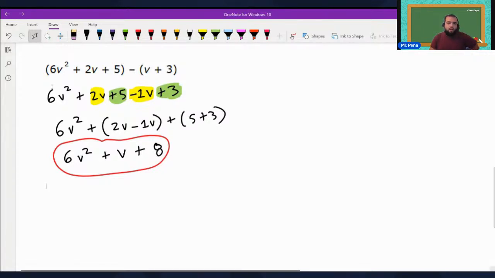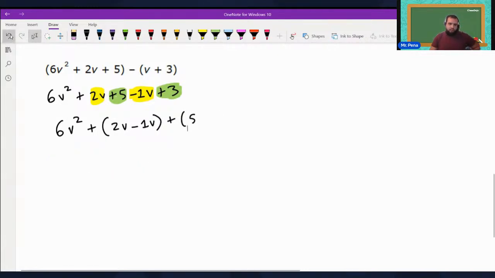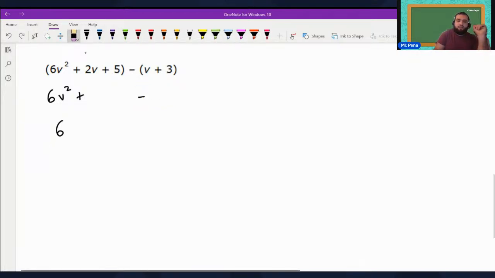Oh, there it is. Made a little mistake there. Let's go back and I'll show you and we'll do it again. I just didn't see that negative. So that changes everything. Please forgive me. So we have 6v plus 2v plus 5. That doesn't change.